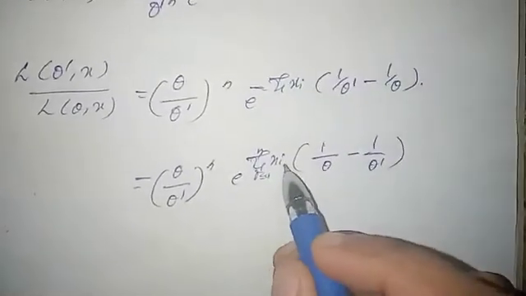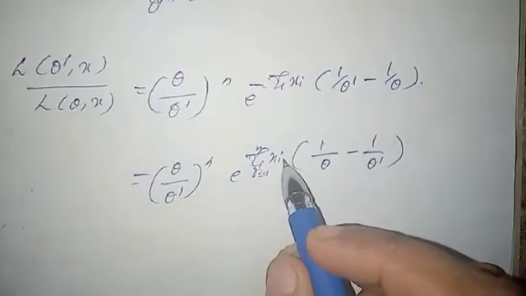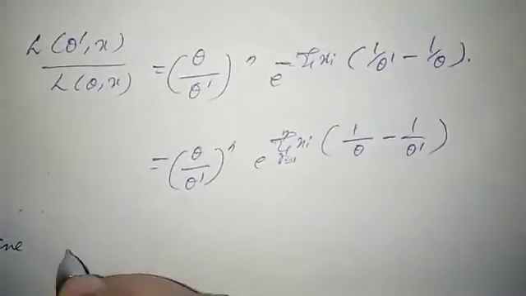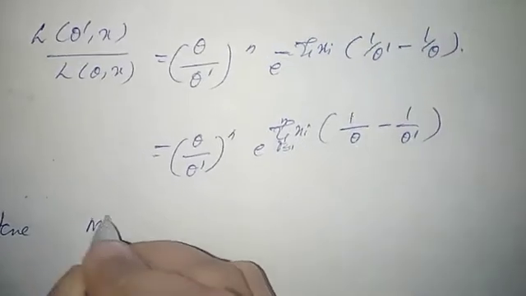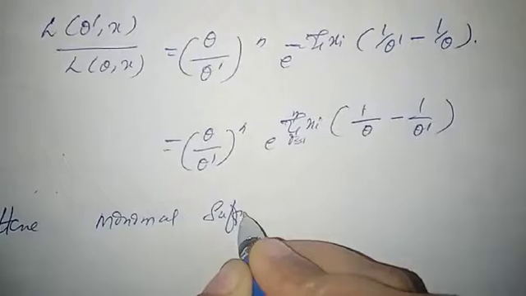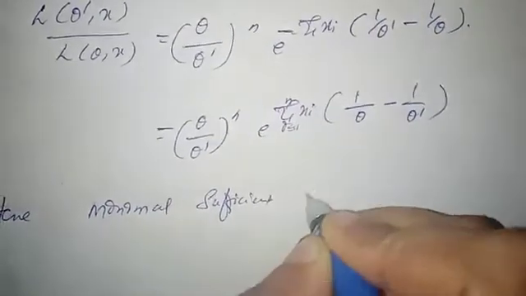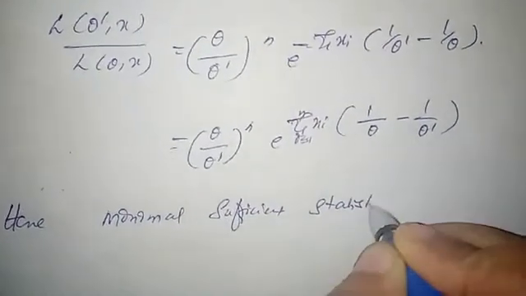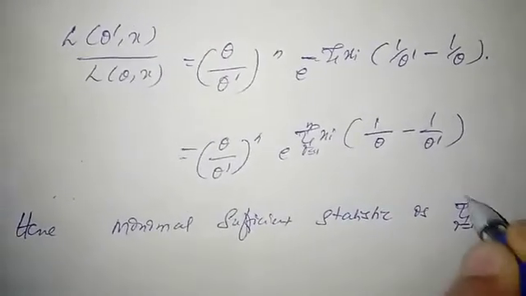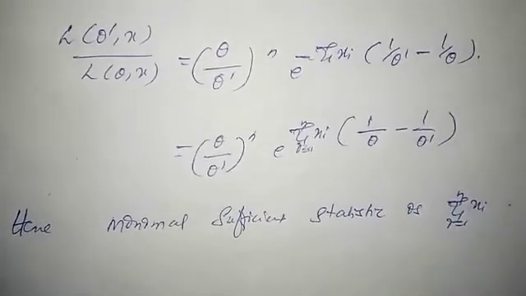Here summation i = 1 to n xi is the minimal sufficient statistic.